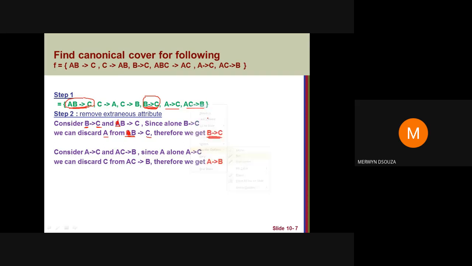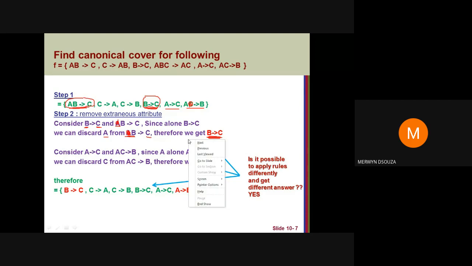We don't need this C. We can remove C from there and we get A determines B. So, removing these extraneous attributes, I'm replacing AB determines C with B determines C here, and AC determines B with A determines B. All the remaining attributes I copy as they are. So therefore I get this.